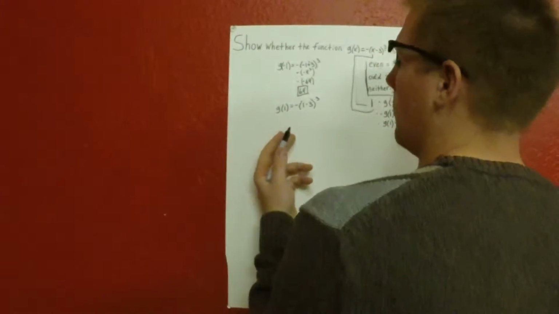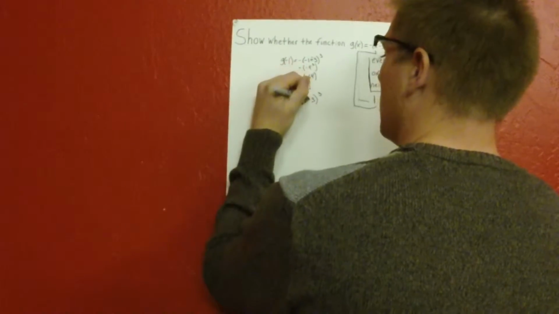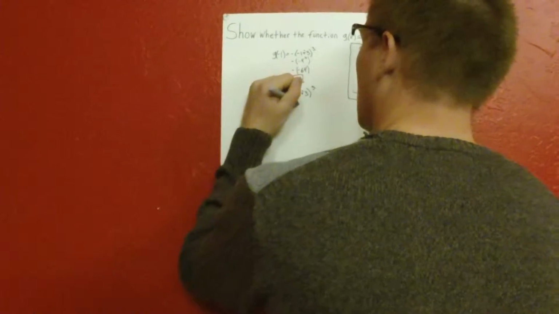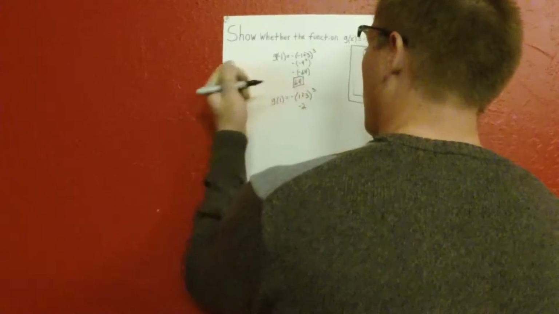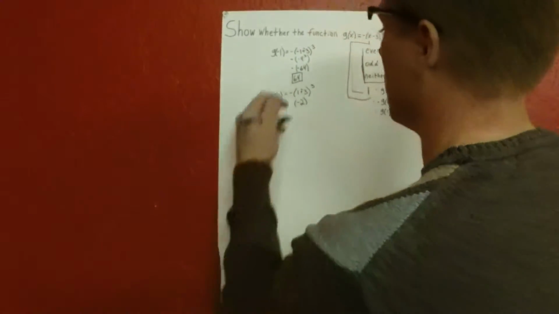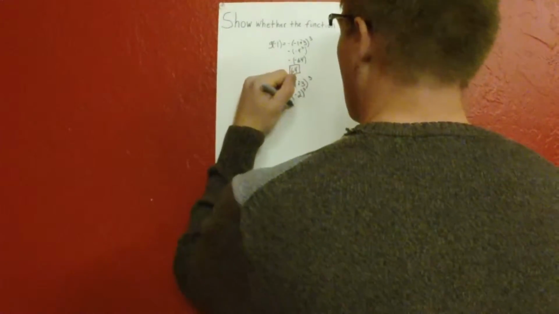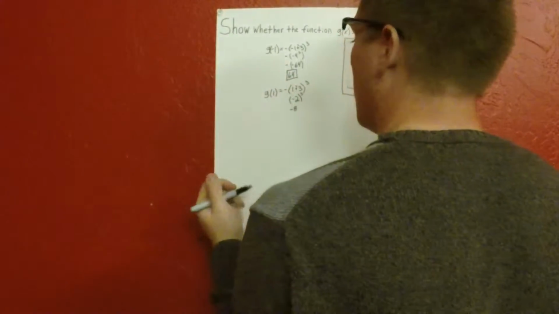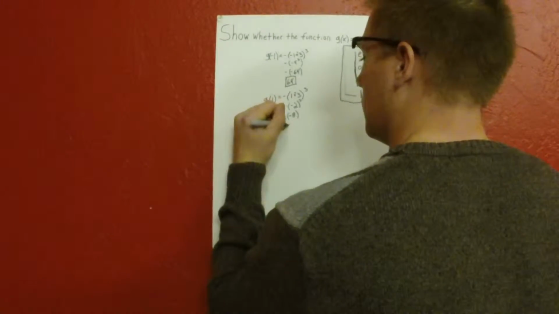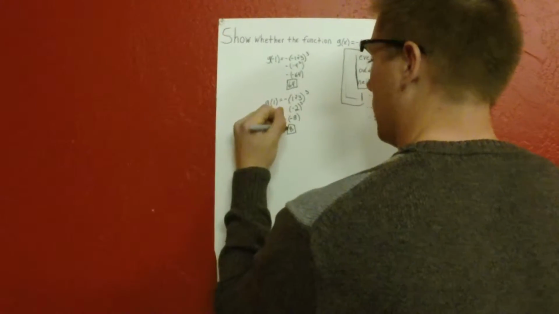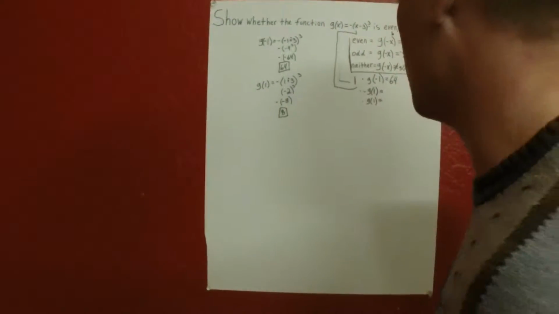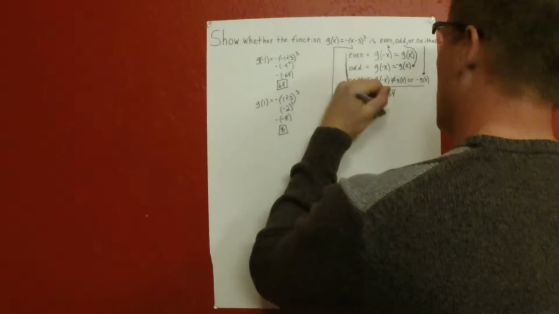Solving the parentheses, the same as we did up here, gives us negative 2. Then negative 2 cubed gives us negative 8. Then we still have this negative on the outside, which is simple algebra, and that gives us 8 as our final answer when we plug 1 into the original equation. So g of 1 equals 8.